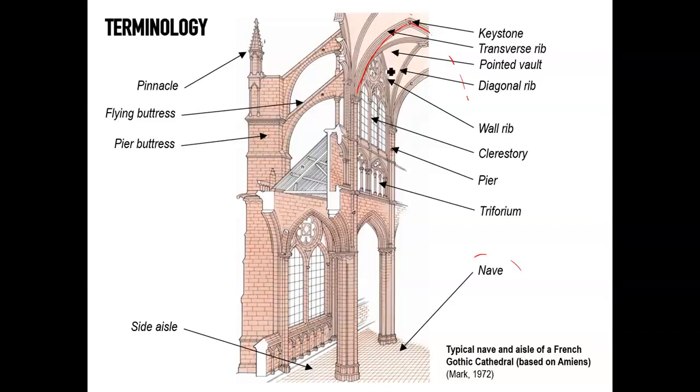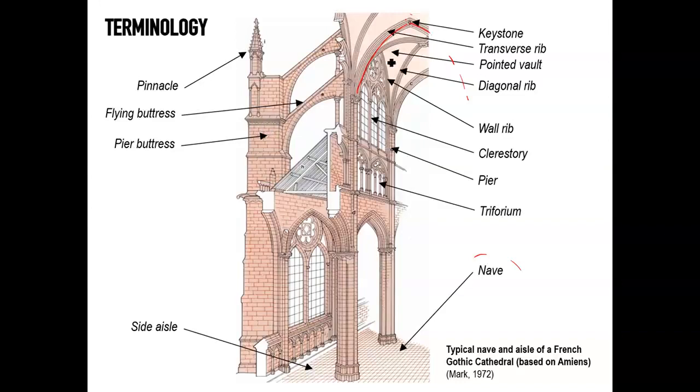And then you have wall ribs, which are the ones that lay in the orthogonal direction of the transverse ribs, and usually are the ones that frame up the clerestory, these very large areas glazed to allow sunlight inside the nave.